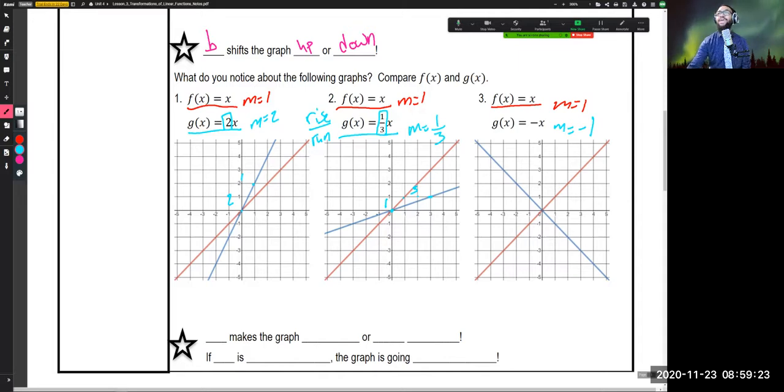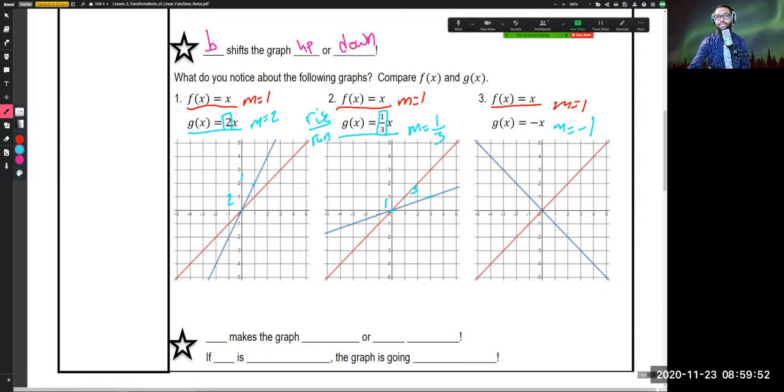And when we have a number that's less than 1, we have a slope that's less steep. You see how this 1/3 is a more shallow steepness than this 2 or even this 1? That's what happens when we have a fraction as our slope. And when we have this negative sign, it just turns the other way. Our slope becomes negative.